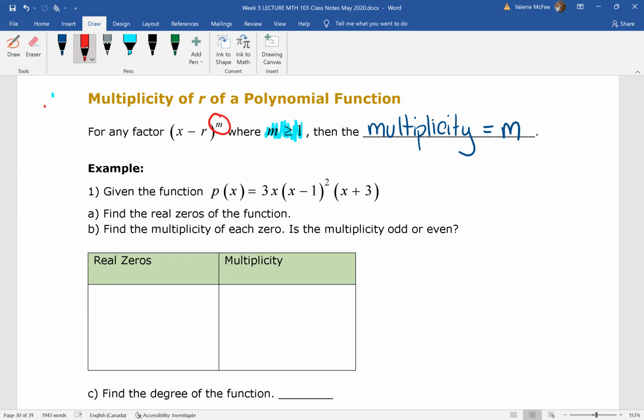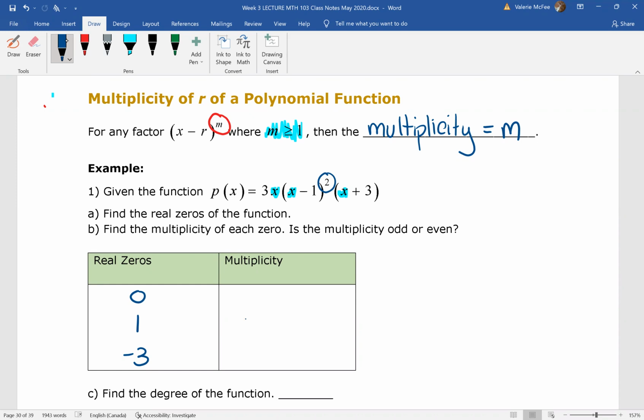Let's look at an example. So we're given a polynomial function here, and we're asking you, first of all, to find the real zeros. We see that there are 3 of them. X equals 0, x equals 1, and x equals -3. What's the multiplicity? Well, this one's really easy to see.